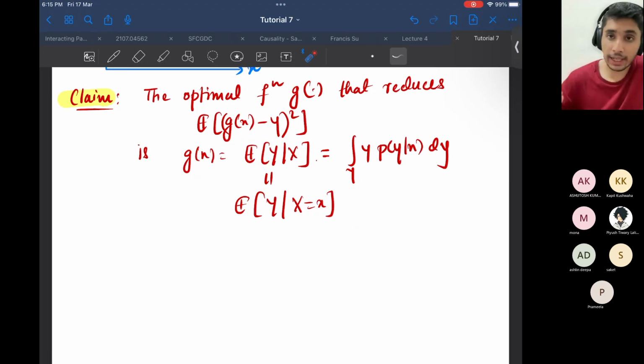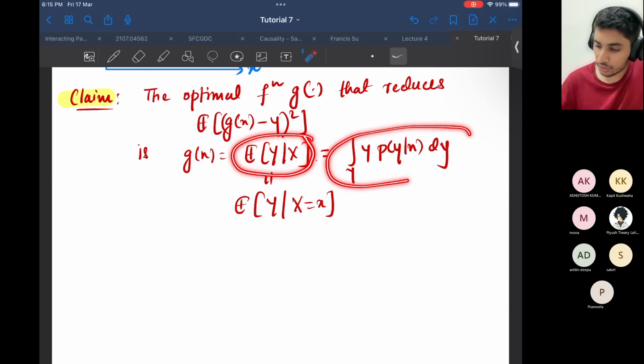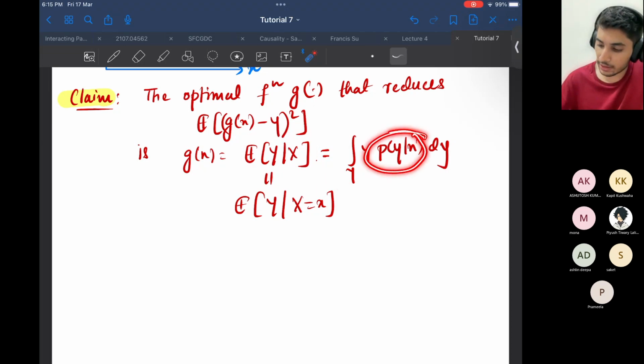The catch is that this g of x, which is equal to this thing, requires you to evaluate this integral. Now, this integral requires you to know this p of y given x. And p of y given x depends on the data. We are given the data, but we don't know the exact density or distribution on it, so this thing is not known to us.